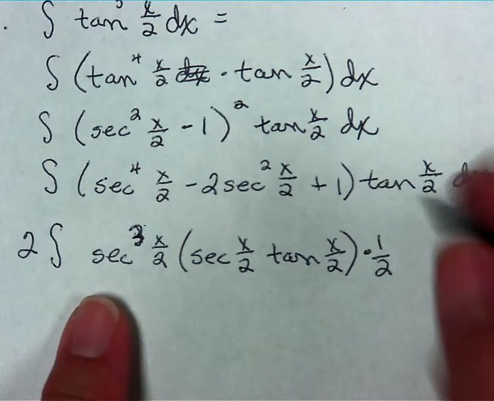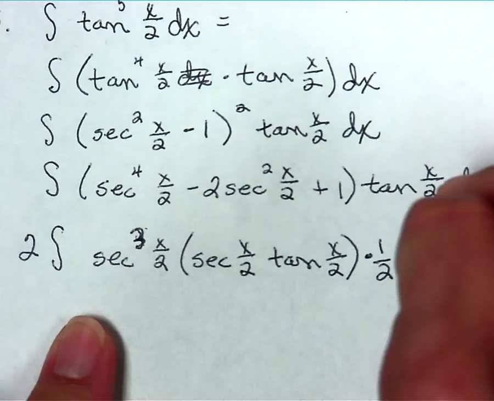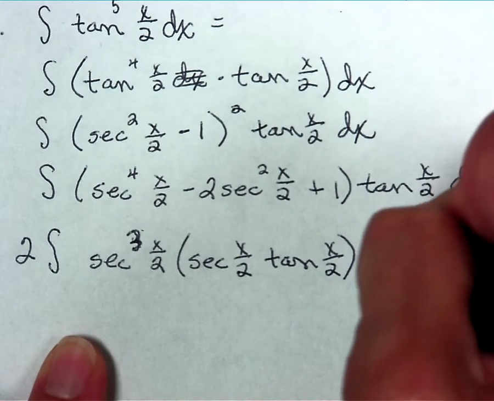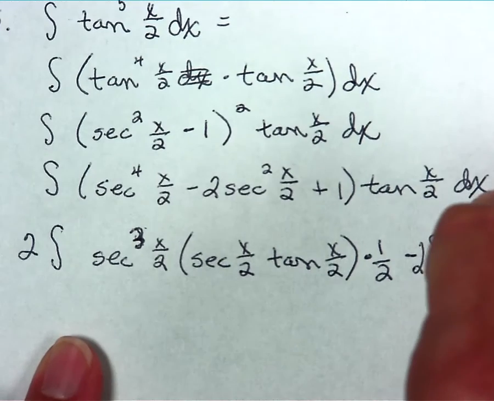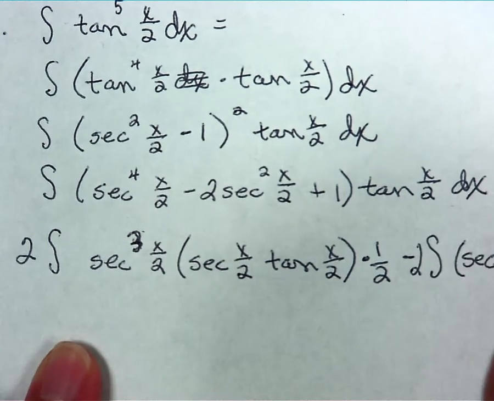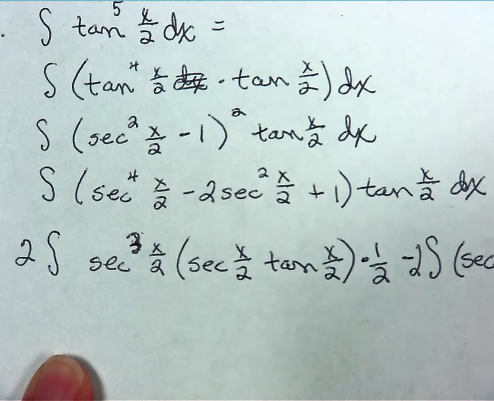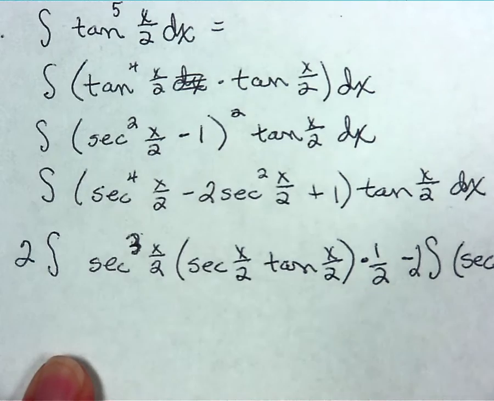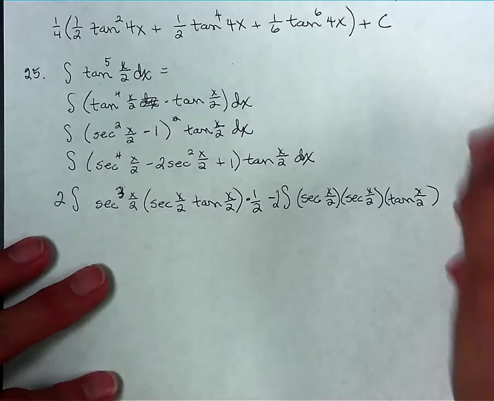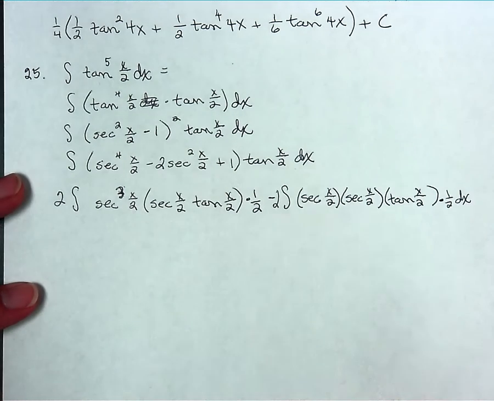Mm-hmm. And then your second one, you would have 2 here, and say secant squared is just secant to the first times secant tangent. And to differentiate it, this is going to get tiny. To differentiate it, I'm going to have a half dx.